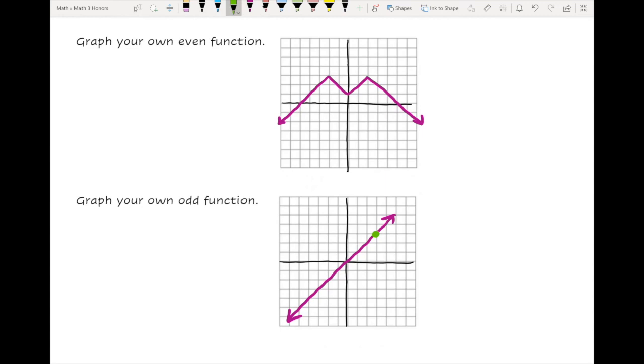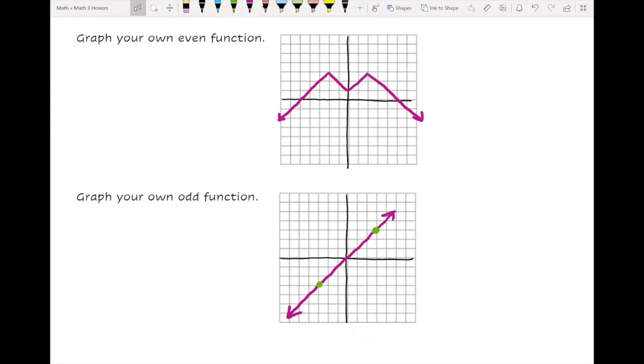If I rotated that 180 degrees around, I would hit this point right here, -3, -3. And if I rotated that 180 degrees, I would still get back to the same point. So this is an odd function. It's symmetrical around the origin. Okay, so again, there are many different kinds of even and odd functions that you guys can come up with on your own. So feel free to play with that and see what you can come up with.